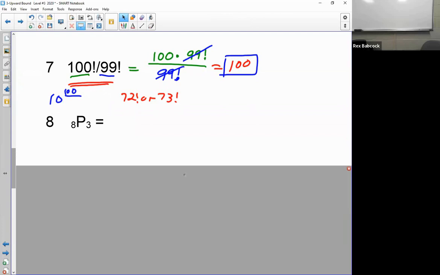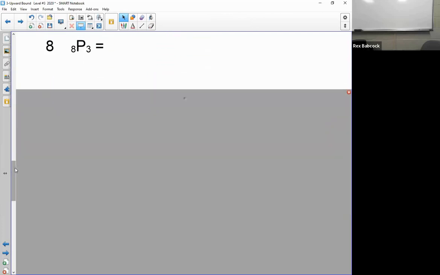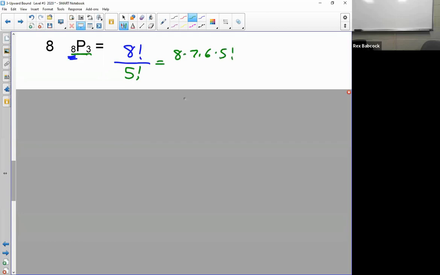Number 8, do you remember how to do permutations and combinations? This is 8 factorial divided by 8 minus 3, which is 5 factorial. So 8 factorial is 8 times 7 times 6 times 5 factorial over 5 factorial.